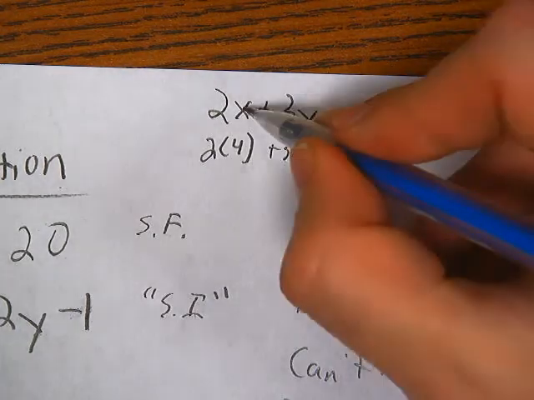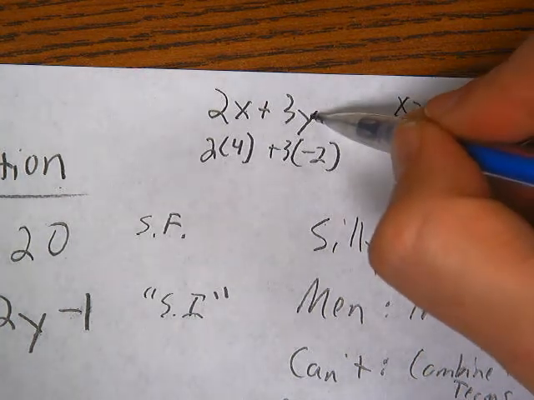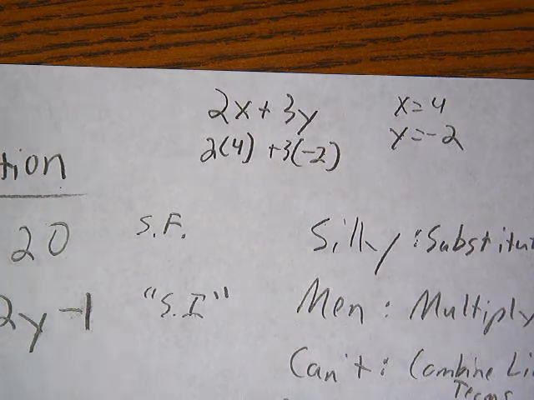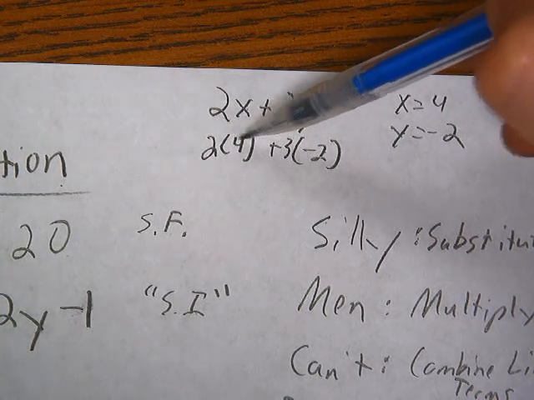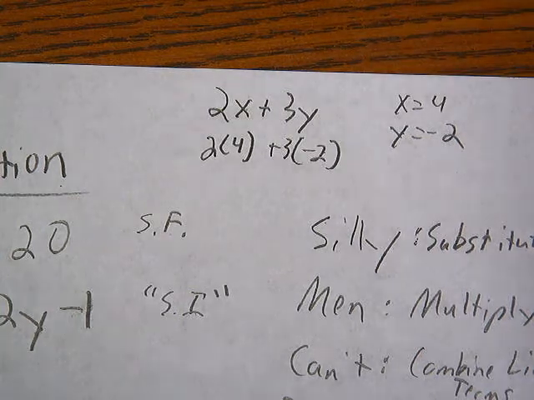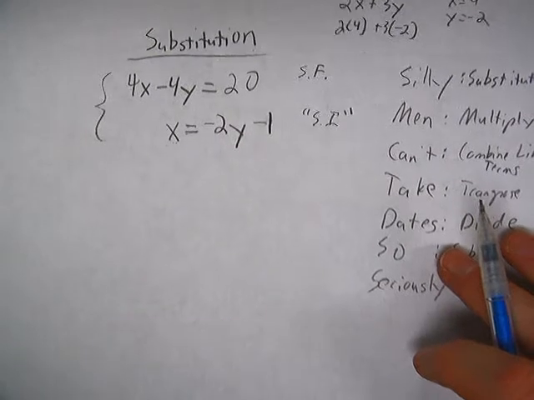Instead of x, you wrote 4, and instead of y, you wrote negative 2. You then would have simplified using order of operations and all that jazz. The important thing is making sure there are parentheses around it, because that preserves any multiplication and makes sure the order of operations still holds true whenever you're doing your problem.